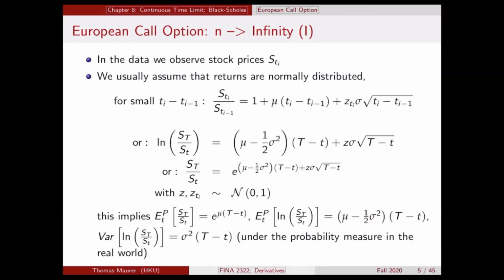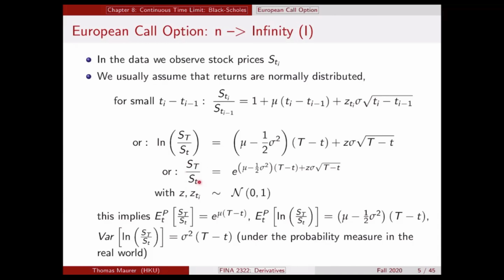So you get sigma squared times the variance of z, which is 1, times the square of that square root, which is exactly the time horizon. So the variance is assumed to scale linearly with time. If you look at a doubled time horizon for a return, you have double the dispersion of that return. The variance becomes larger and larger as the time horizon gets bigger.